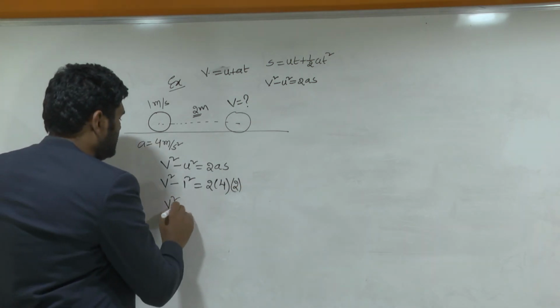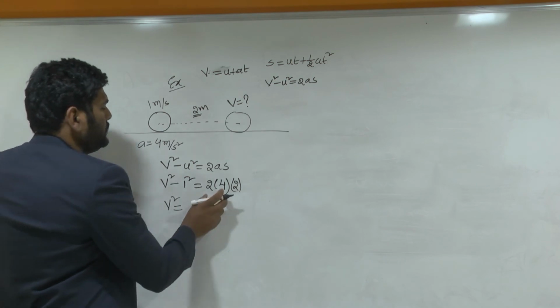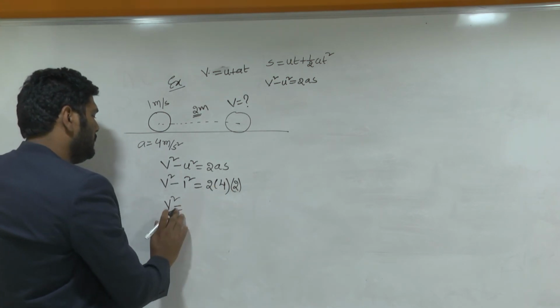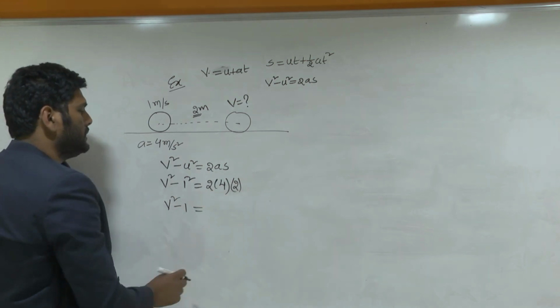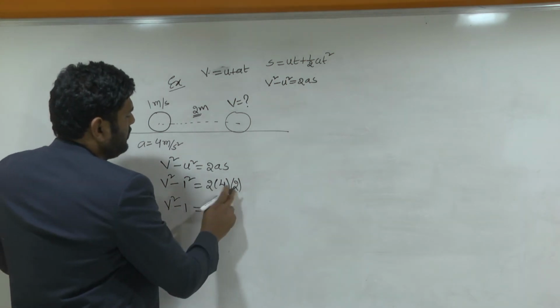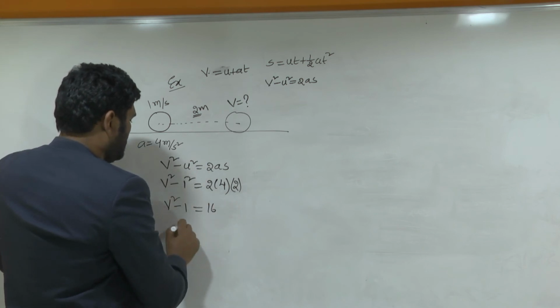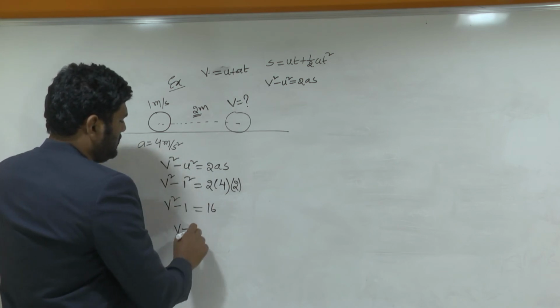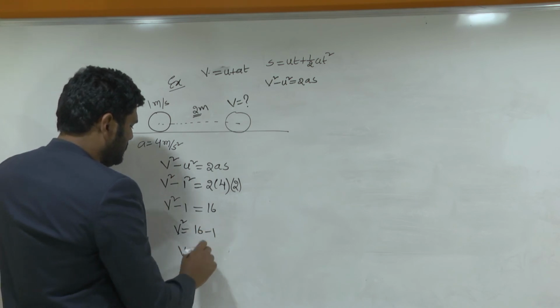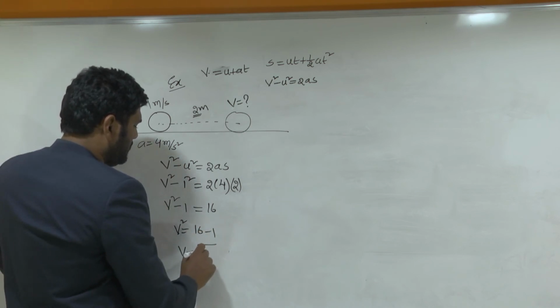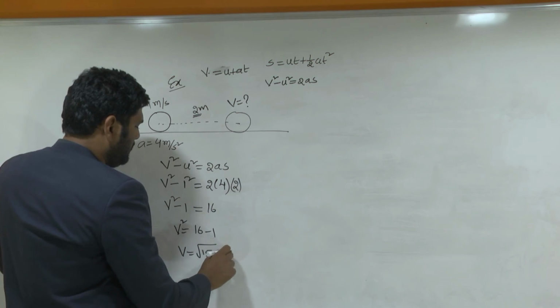Then v² − 1 is equal to 2 times 4 times 2, here what is our value? 16. Then v² is equal to 16 minus 1, v is equal to root 15 meter per second.